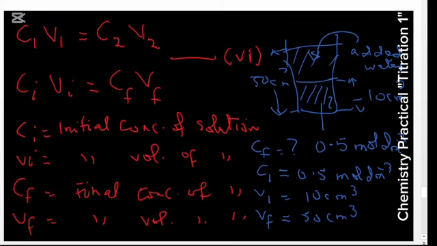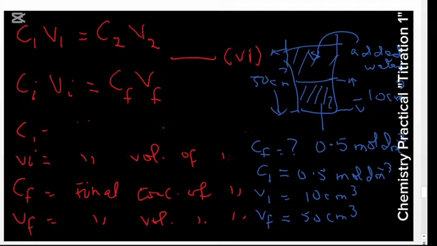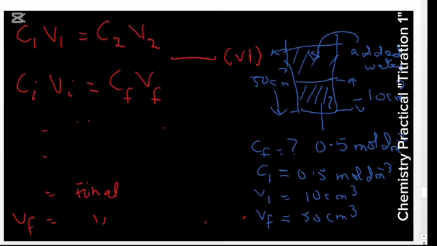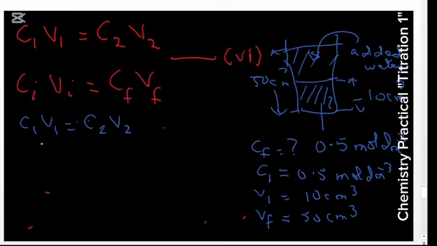So with this, we can make use of the formula we have just stated. Let's do that here quickly. We are going to have C1V1 equals C2V2, or CiVi equals CfVf.